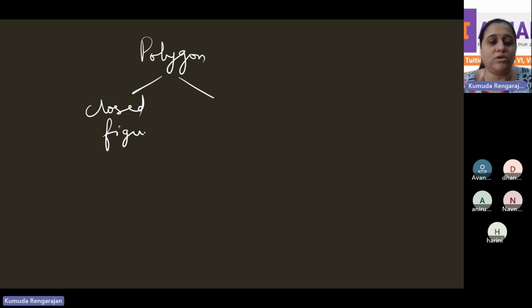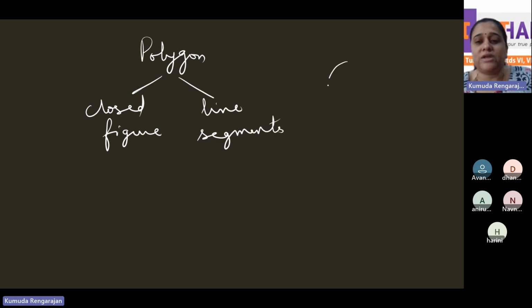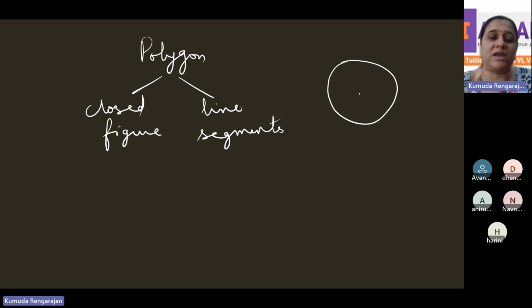These are the two very important terms. Polygon means it should be a closed figure, and it should be made up of line segments. A circle is a closed figure, but not a polygon because it is not made up of line segments.